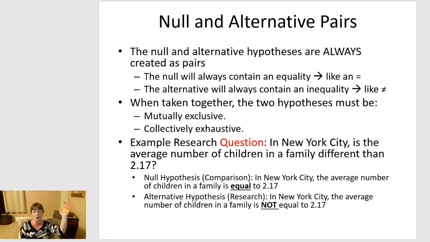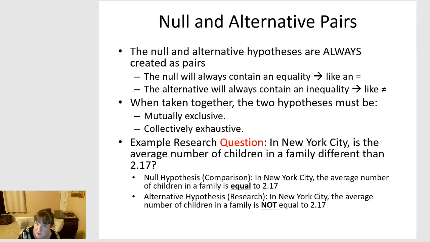So it's exactly equal to the U.S. population in general. So the U.S. population becomes my comparison population, and the null hypothesis becomes my comparison hypothesis, where I say, nope, people in New York City, no different than the U.S. in general. So in New York City, the average number of children is equal to 2.17 also.